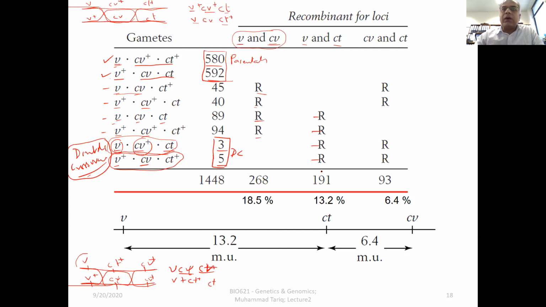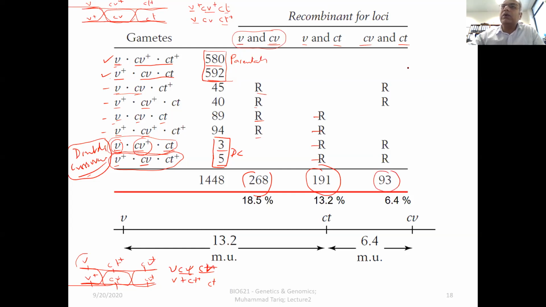You add the recombinant numbers of each class. Same you will do between cross-veinless and cut. You ignore vermilion now and you will find 4 recombinant classes, 93.